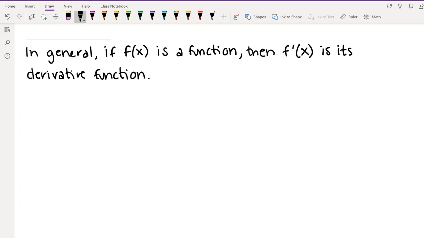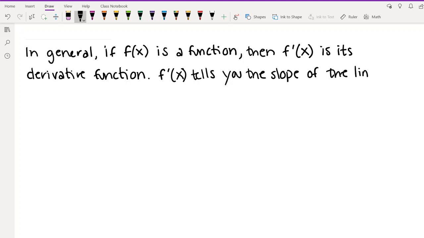And the way that f prime of x works is that it tells you the slope of the line tangent to your original function at any x value.